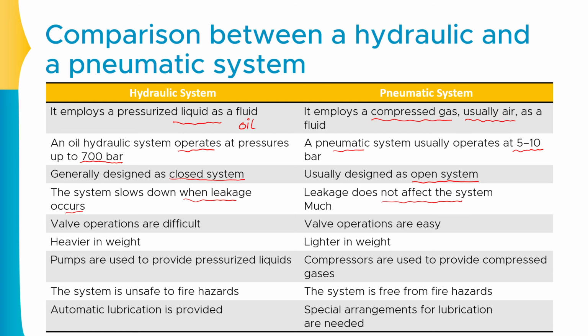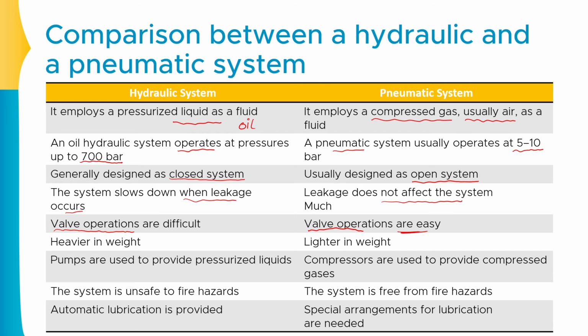Now when we talk about valve operation in the hydraulic system, it is actually difficult. Even if you try to close a water tap when there is higher pressure, it is very difficult to close. And over here we are using a very high pressure system, so it becomes very difficult to close or open any kind of valve. On the other side, the valve operations in pneumatic systems are very easy.